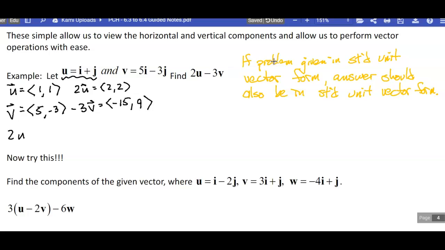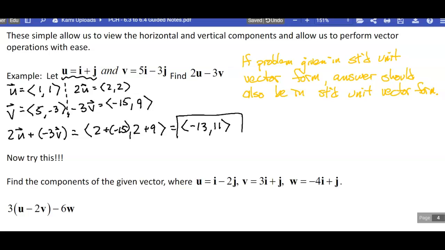Then 2u plus negative 3v: I have 2 plus negative 15 and 2 plus 9. If I do negative 3v here, then I don't have to worry about mixing up any signs, positives and negatives. And then we'll just simplify. So I have negative 13 and 11.